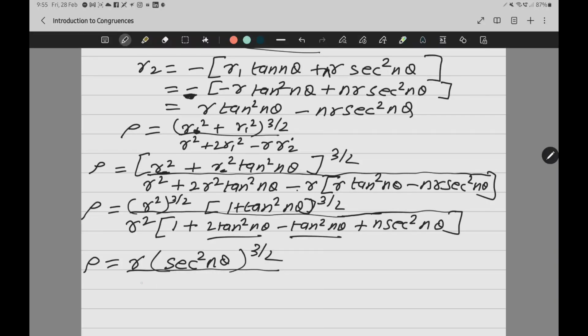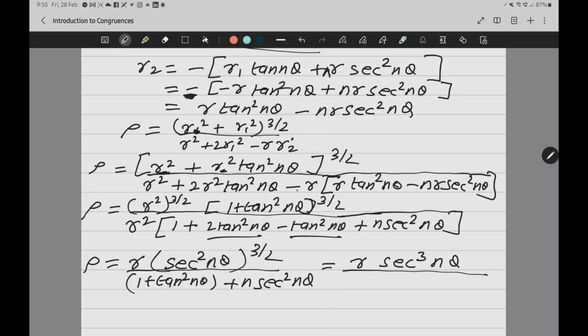Okay, so I have 1 plus tan square n theta, plus n secant square n theta. What is 1 plus tan square n theta? It is secant square. So R secant cube n theta, again 2 and 1 by 2 cancel, upon 1 plus tan square theta, which is secant square n theta. So secant square I can take common, and I am left with 1 plus n.